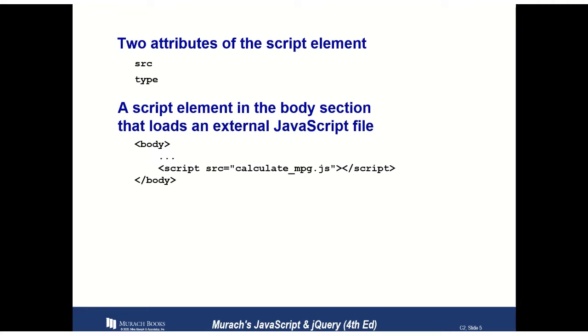But you can still see the type attribute in legacy code, or in some online examples if you Google, for example. Here, in this particular example, calculate underscore mpg.js is an external file that is imported into the HTML itself.